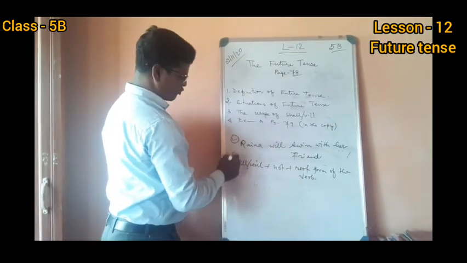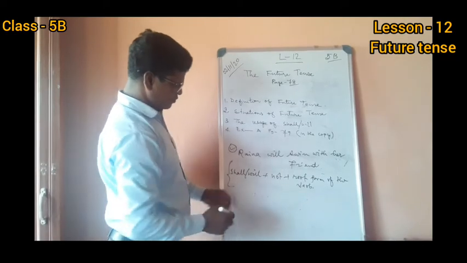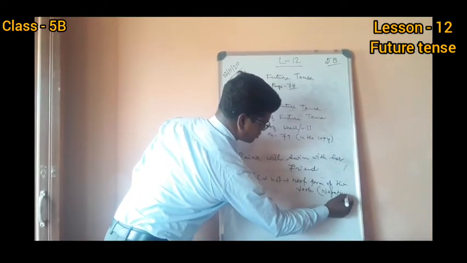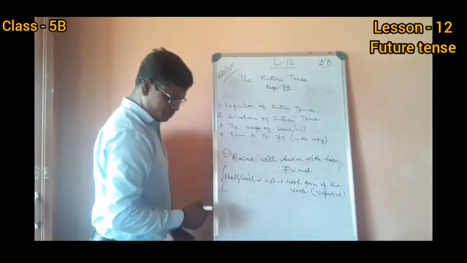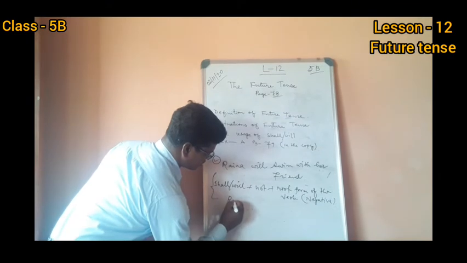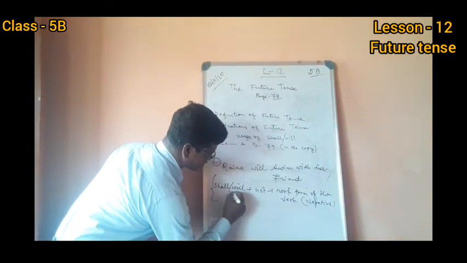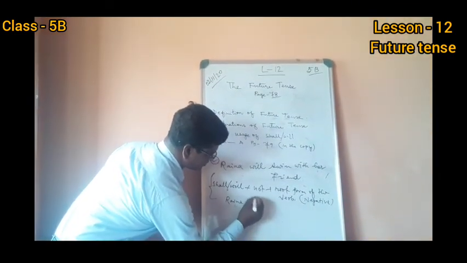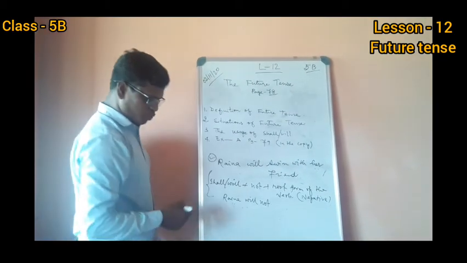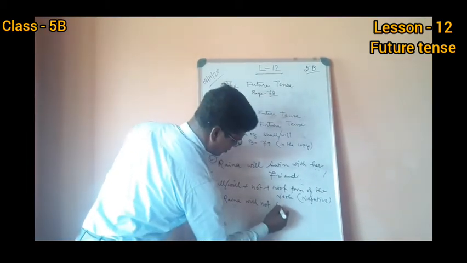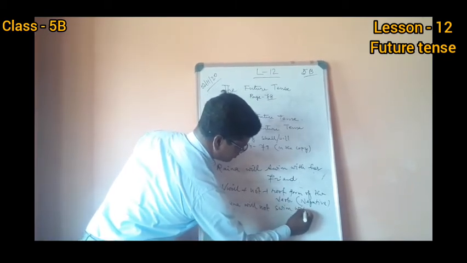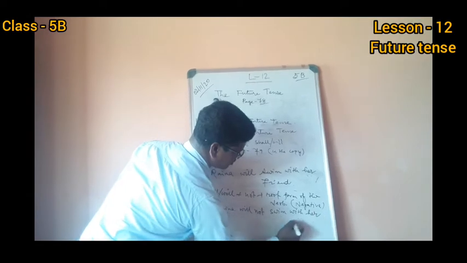So this is how we form the negative. Let me write it within the bracket: it is a negative sentence. We use the subject, here Raina is the subject, then will, then not, then the root form: Raina will not swim with her friend.